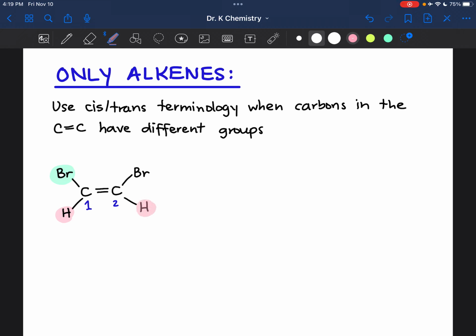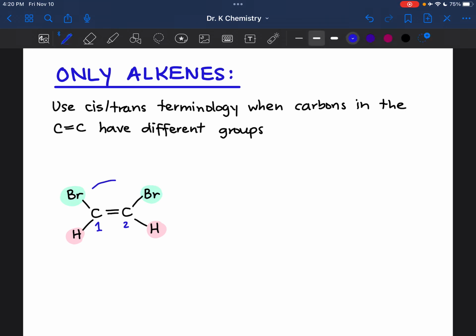And then carbon 2 has a hydrogen and a bromo. Well, these 2 groups are different from each other. So in this case, we're going to use cis-trans terminology to indicate whether these groups are on the same side of the molecule or on different sides. And here I see that the bromo groups are on the same side of the molecule, so we call this a cis alkene.